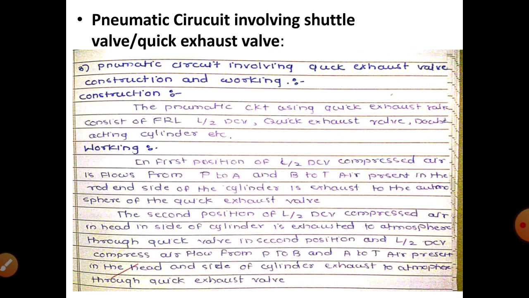In the second position of the DCV, compressed air flows from P to B and A to T, and the air in the head end side of the cylinder is exhausted to atmosphere through the quick exhaust valve.